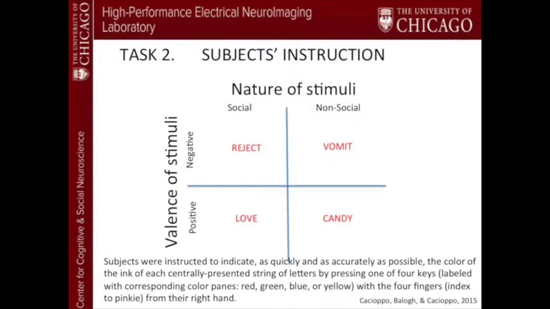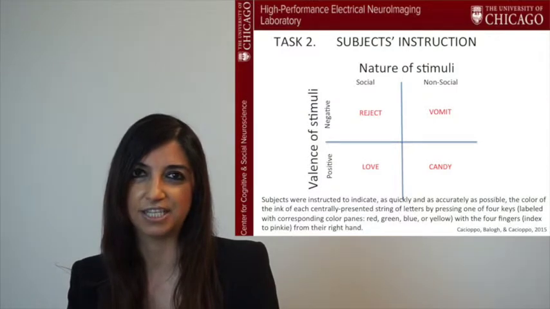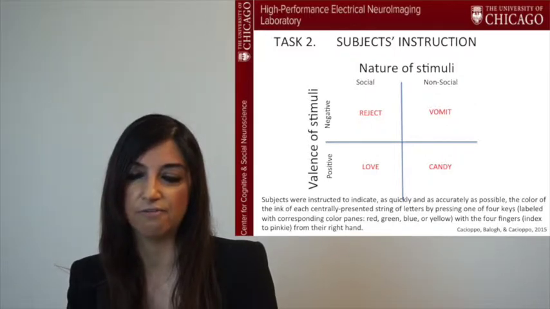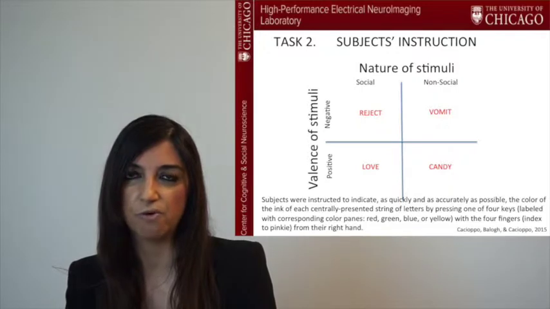During the task, the subjects were instructed to indicate as quickly and as accurately as possible the color of the ink of each centrally presented string of letters by pressing one of 4 keys with the 4 fingers from their right dominant hand.